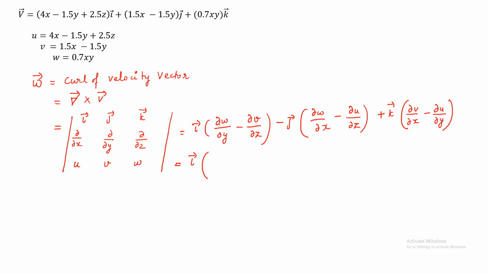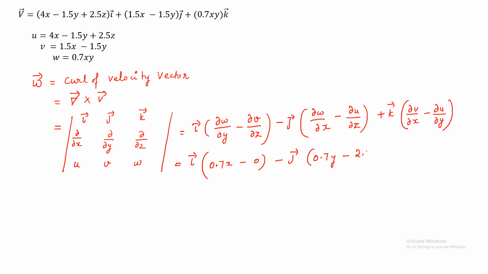We differentiate w with respect to y and we get 0.7x, minus the derivative of v with respect to z. We don't have any z in v, so this becomes 0. For j, we differentiate w with respect to x and get 0.7y, minus the derivative of u with respect to z, which is 2.5.